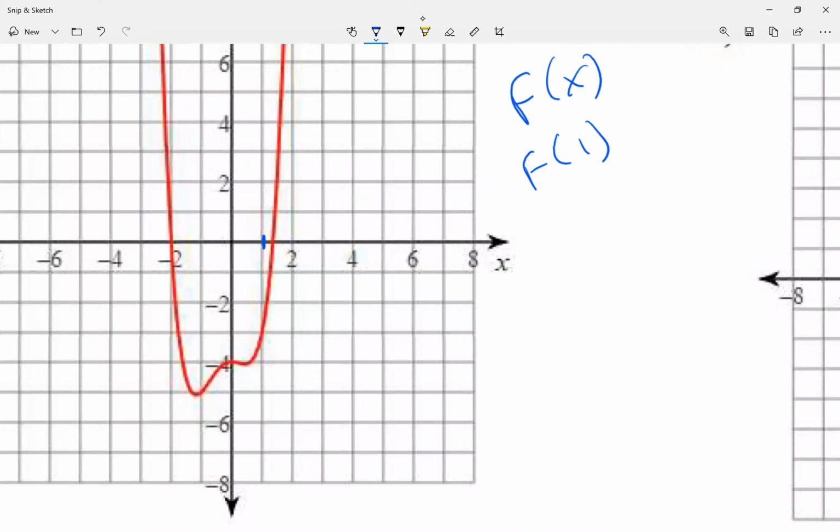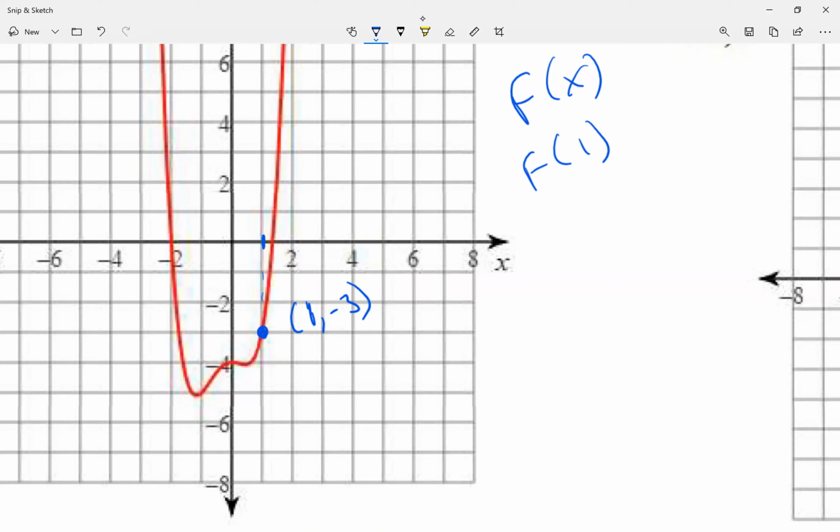Where does this line intersect my graph? If I follow it, I see this point. If I was to ask you guys, what are the coordinates of that point? The coordinates of that point are (1, -3). Remember, a few seconds ago I said f of 1 is basically the y value when x is equal to 1.